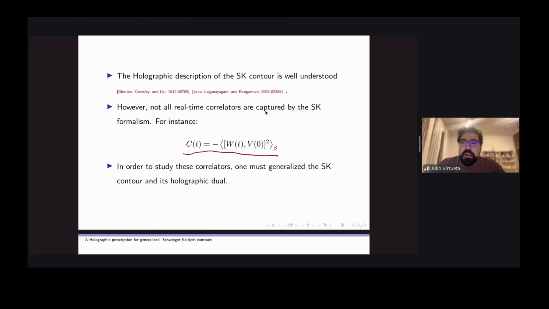So we need to generalize the usual contour prescriptions of Schwinger-Keldysh, and correspondingly, we also need to find a new holographic dual to these more complicated time contours. So that's more or less the problem we would like to attack.